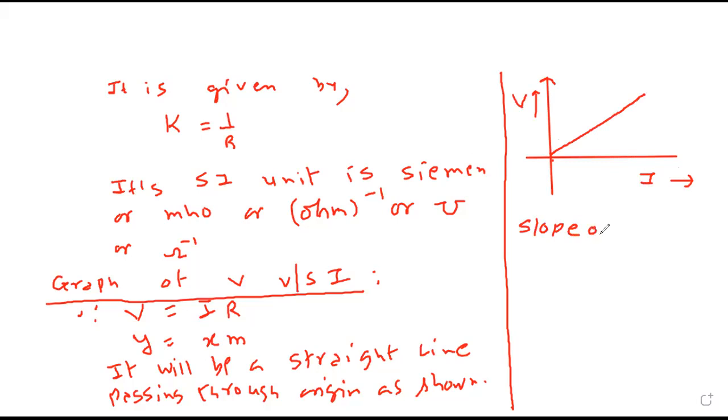So slope of VI graph equals to resistance. So if this angle is theta, you can say tan theta equal to R. Please copy this much. Copy till this. Again, if you complete, please tell me.